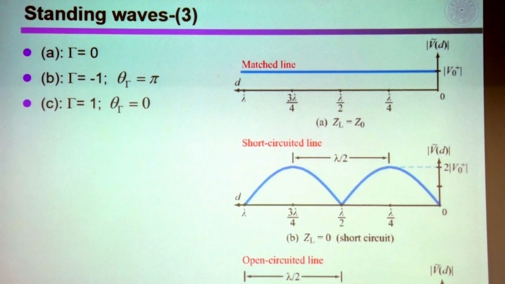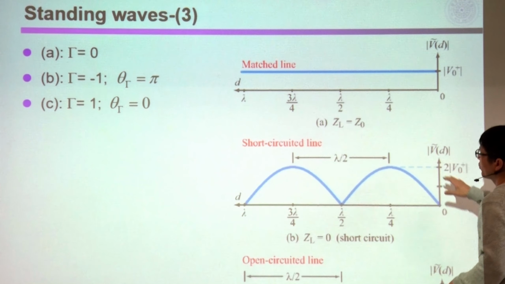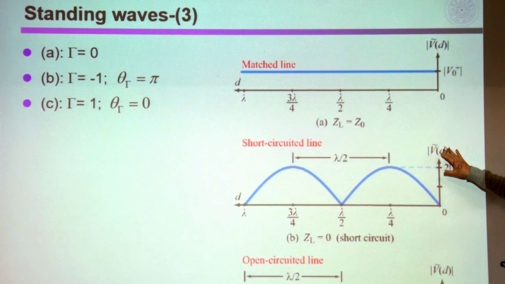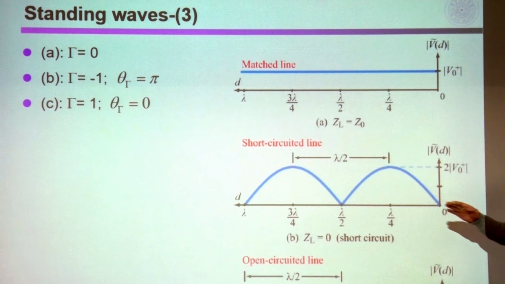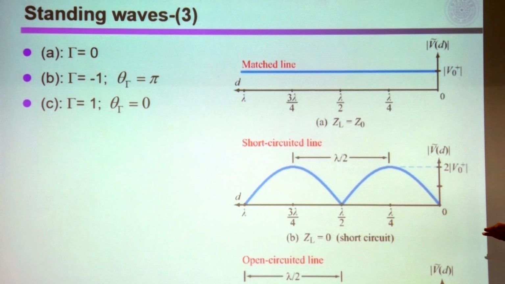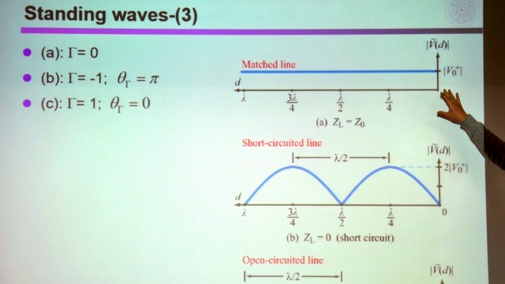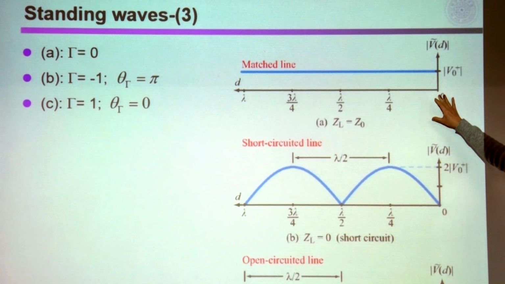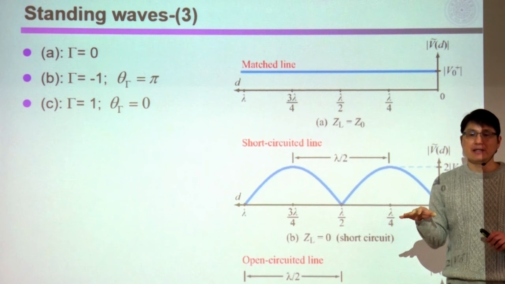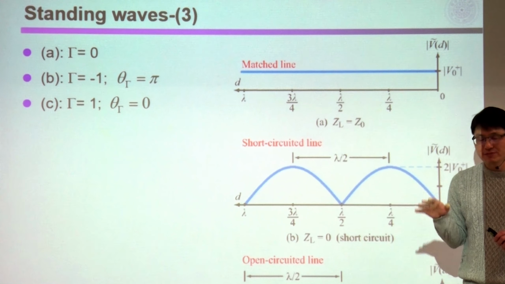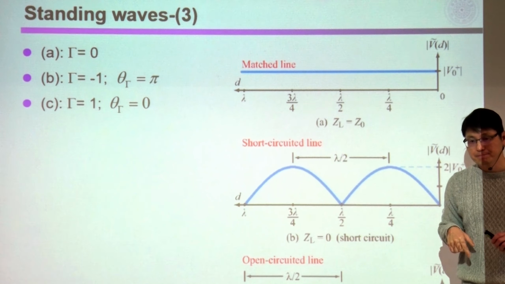Okay? So if you want to create the strongest standing wave, you either want to short circuit your transmission line or you leave it open. If you don't like to have standing waves, you need to perform careful impedance matching. So impedance matching will be the main focus next Monday, right?